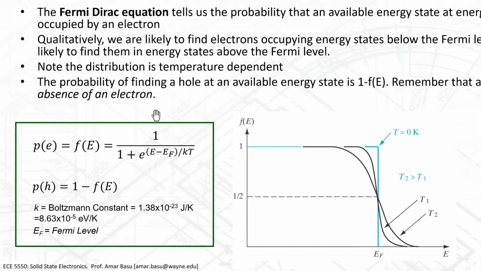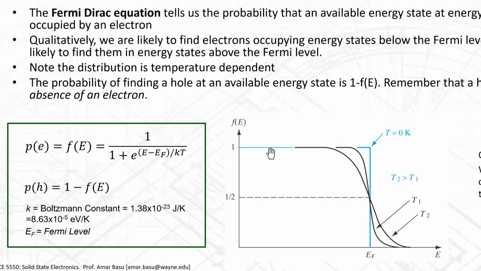You also see that there's a temperature dependence. And the cool thing about the Fermi function is that the rate of transition depends on the temperature. If you have a very low temperature, in the lowest case 0 Kelvin, the Fermi function looks like this. It's a sharp transition. Now keep in mind, if T is equal to 0, then this is mathematically invalid, because you have a 0 in the denominator.